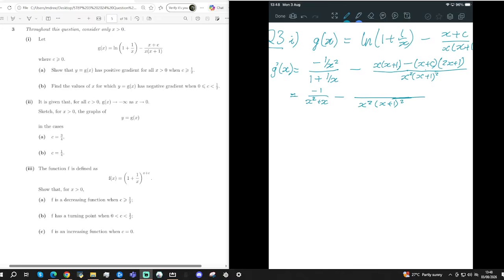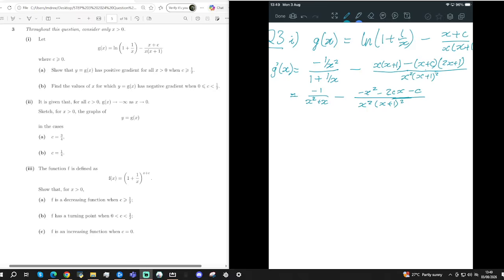Numerator is saying we've got an x squared minus 2x squared, so I've got a minus x squared. I've got a plus x plus 2c, well, minus 2cx minus x, so those x terms cancel, and we leave a minus 2cx minus c.